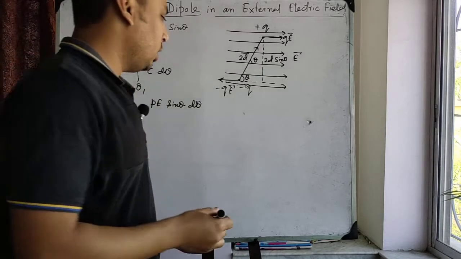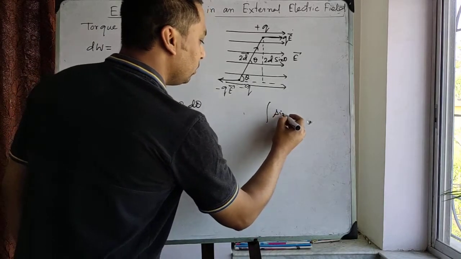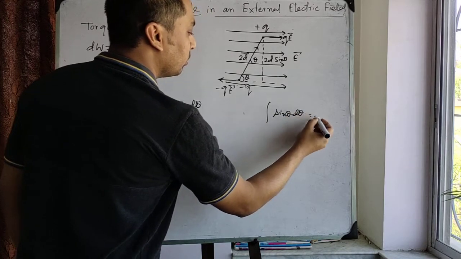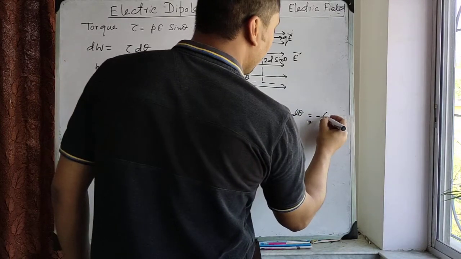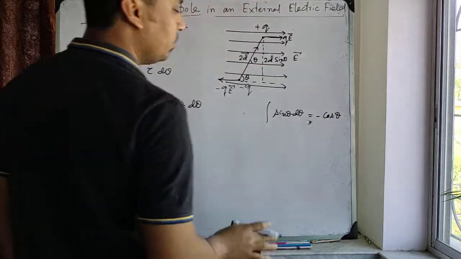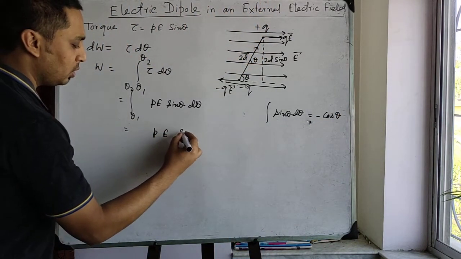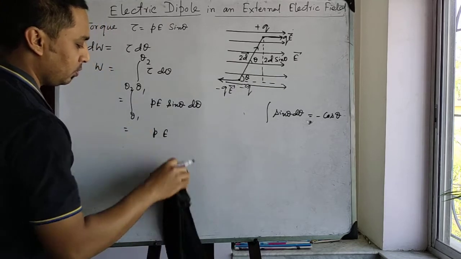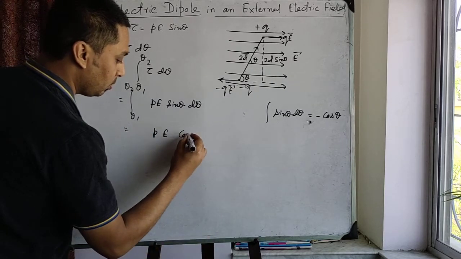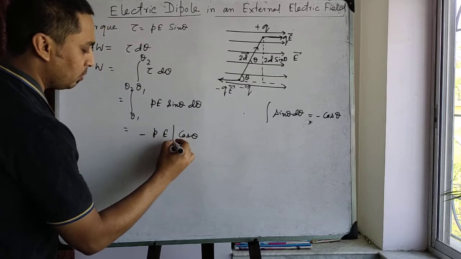So the integration of sin theta d theta equals minus cos theta.